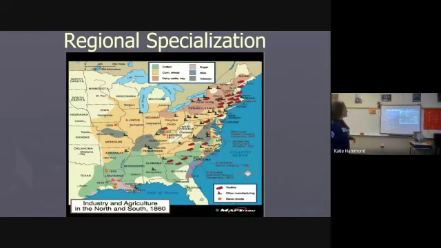So look at this regional specialization. Remember I told you how tobacco was really the first major cash crop in the South, but eventually we know that tobacco ruins the soil. People will move to what we call the lower South, and they will focus more on cotton and less on tobacco. Tobacco is going to be the upper South.